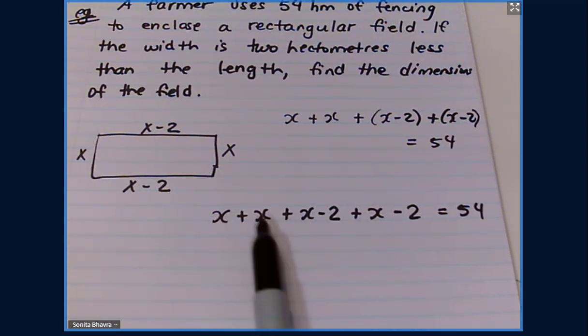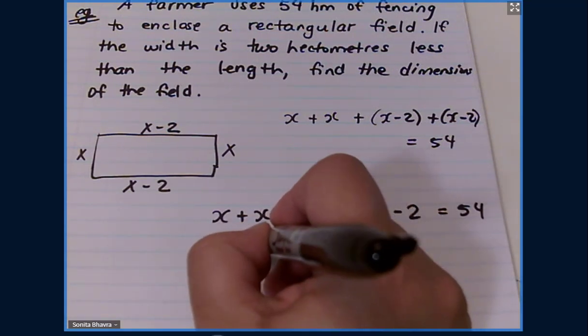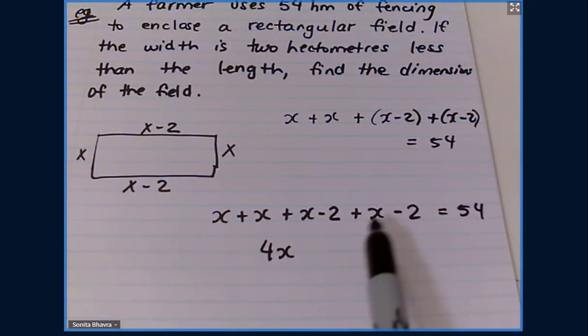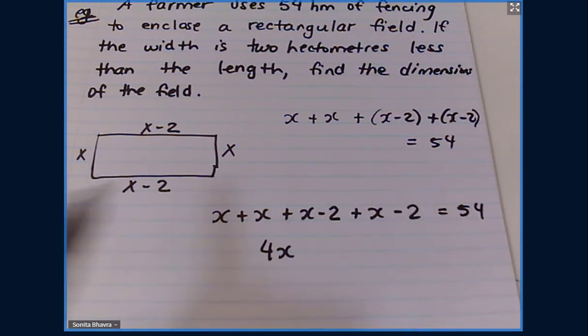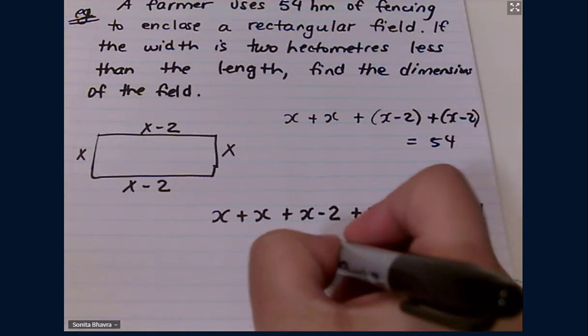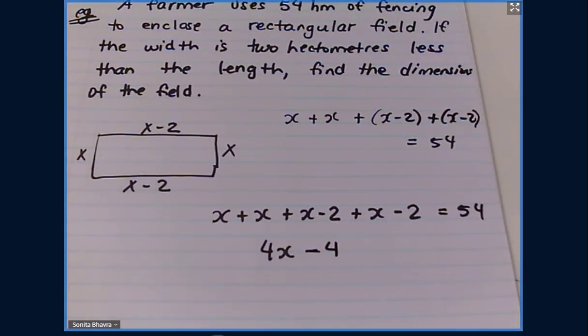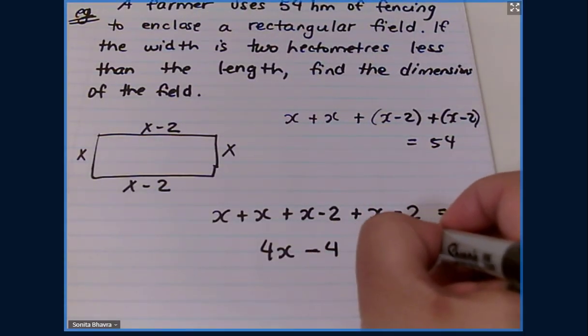That's 4: 1, 2, 3, 4. So that gives me 4x. And then we have a negative 2 and a negative 2. Collect that together as well, which is negative 4. So 4x minus 4, and it's equal to 54.